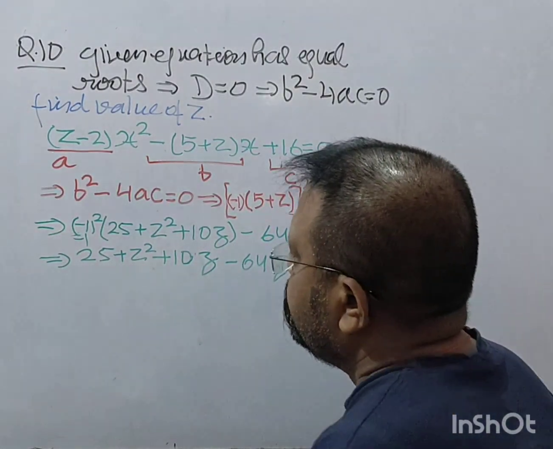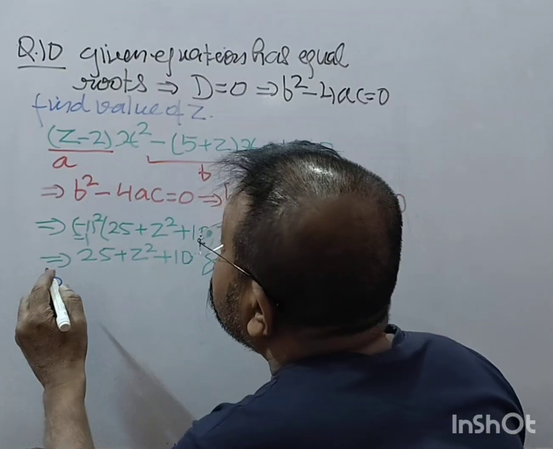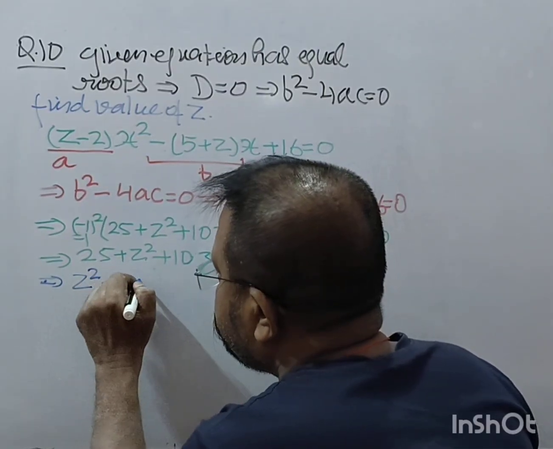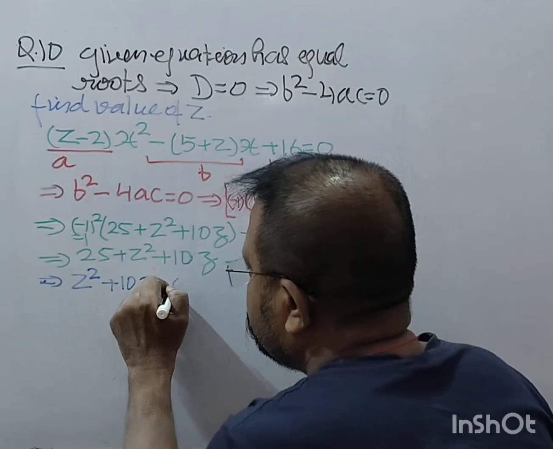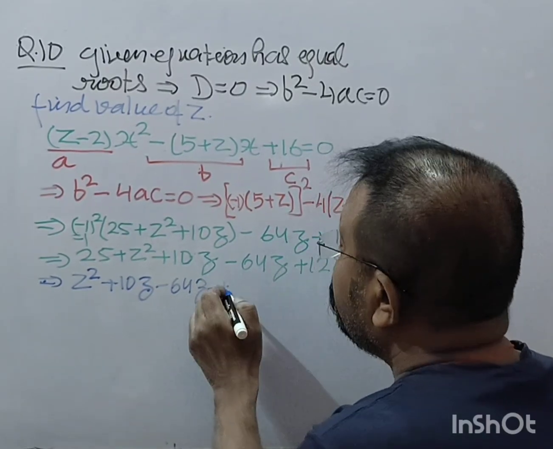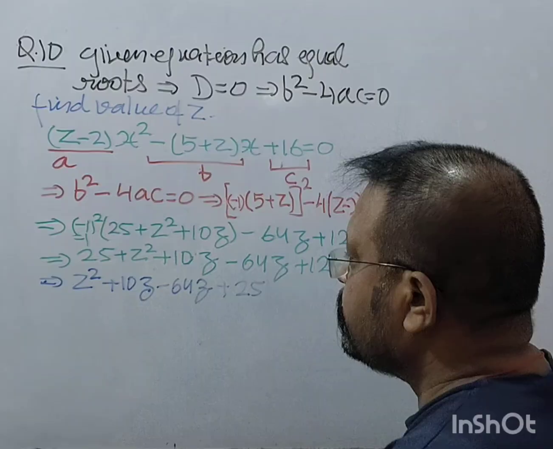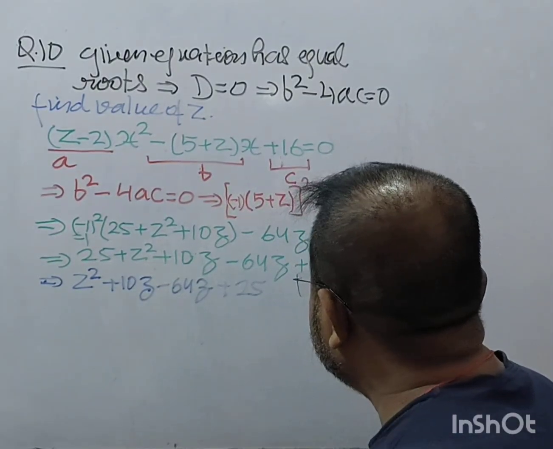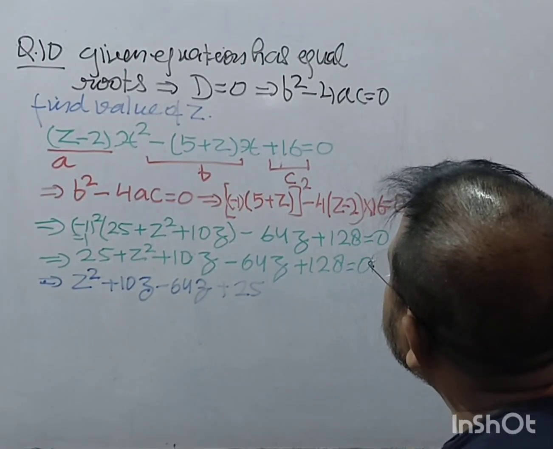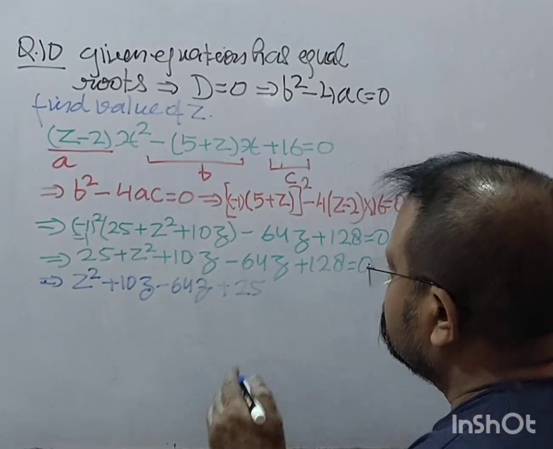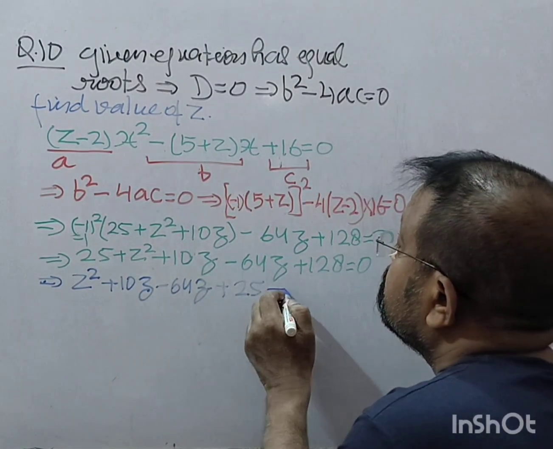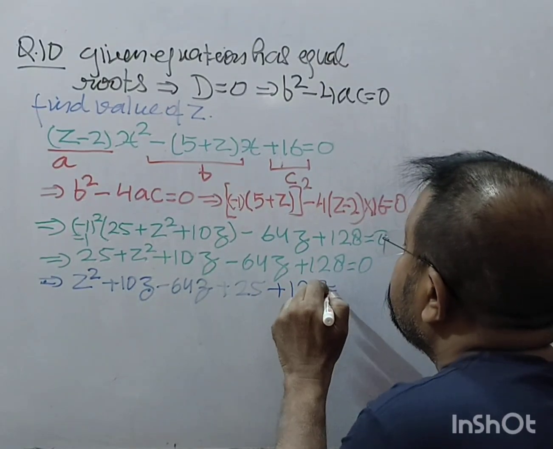When you rearrange, you get z square plus 10z plus 10z minus 64z plus 25 plus 128 is equal to 0.